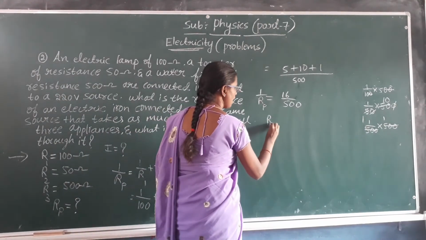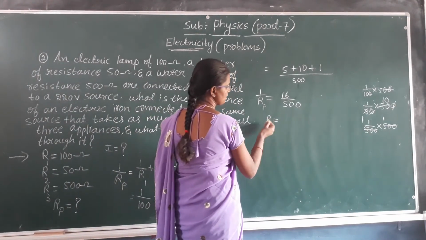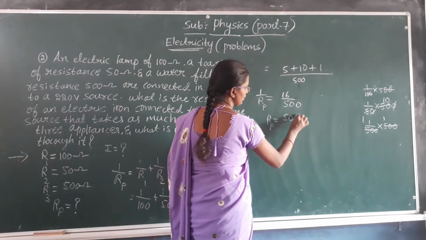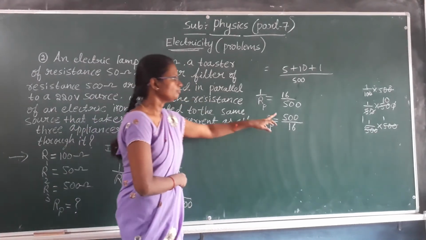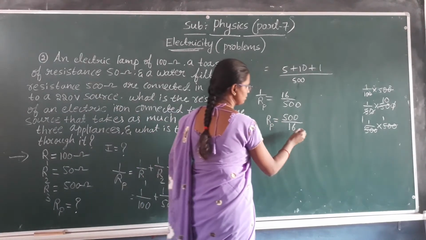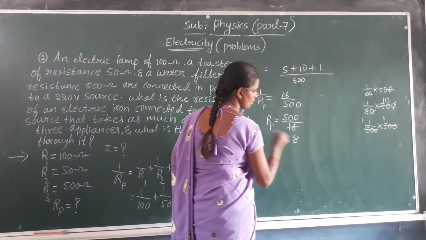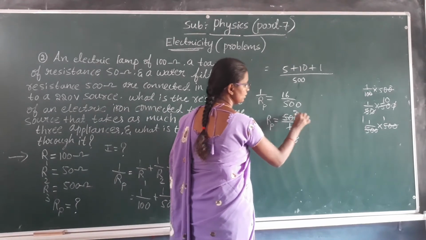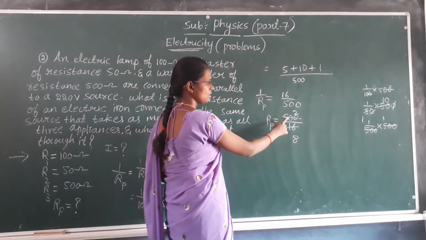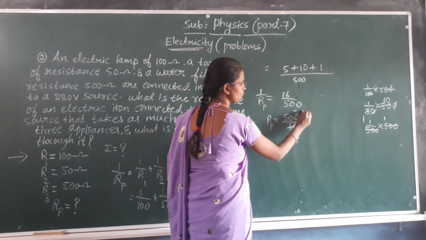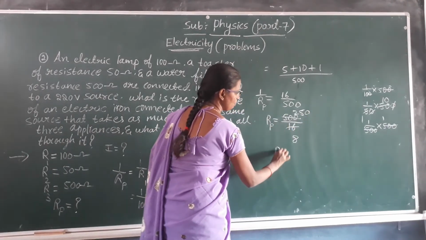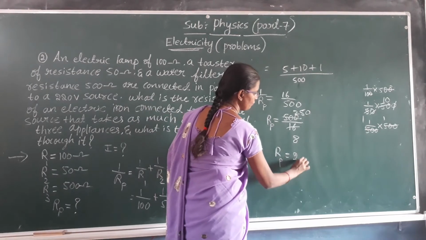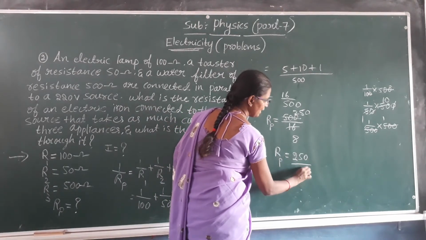So I will take Rp. You have to take the reciprocal, then it will become 500 divided by 16. Now this term you have to cancel. 2 ones are 2, 2 8s are 16, 2 2s are 4, 1 remains. So 2 5s are 10, 0 remains as it is. So Rp is equal to 250 divided by 8.